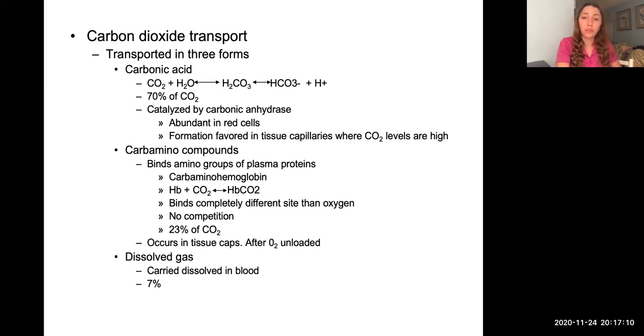Then there's a third form, which is the most common: the carbon dioxide joins with water and forms carbonic acid, and when it comes into contact with carbonic anhydrase, because there's an abundance of that on the red blood cells, it turns into bicarbonate and hydrogen.